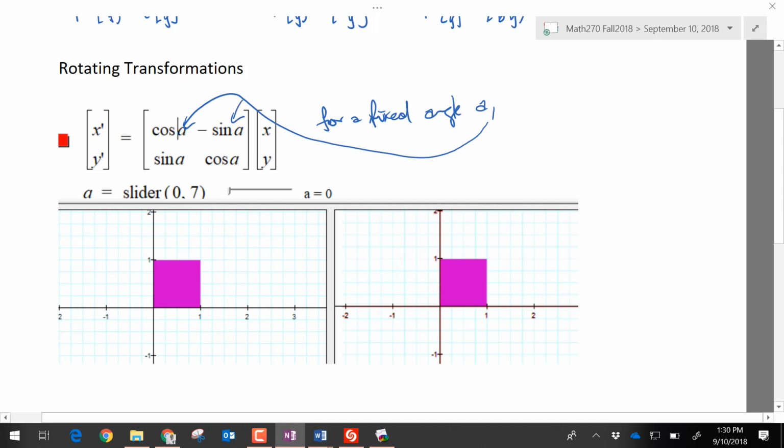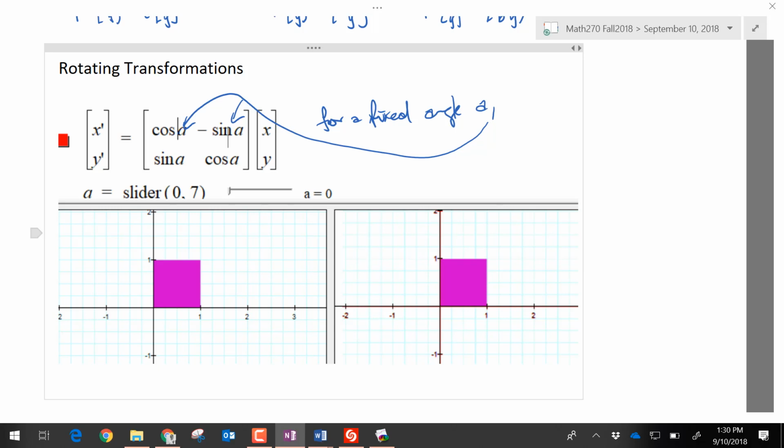This is a matrix that describes a rotation transformation, and we can try to prove that it's a linear transformation, but let's just say it is and be done with it.